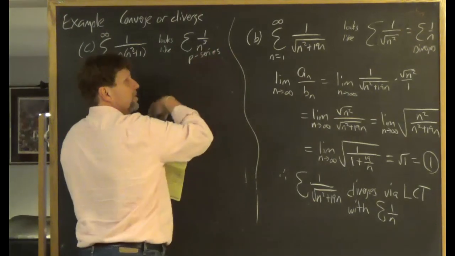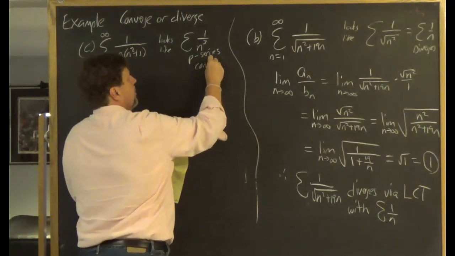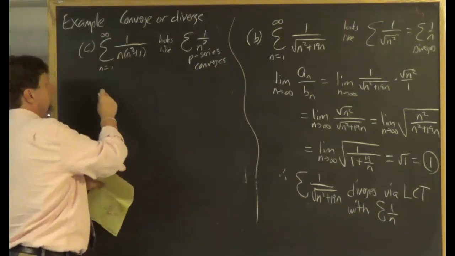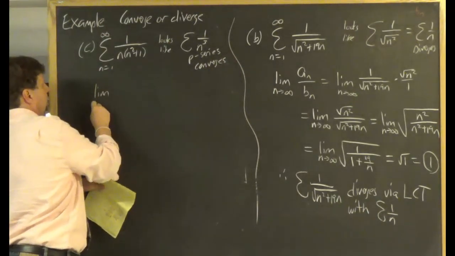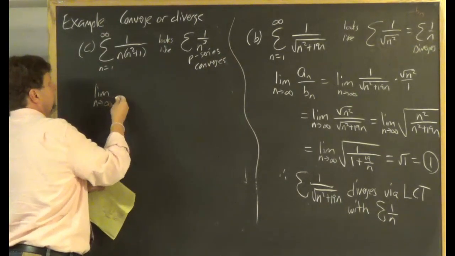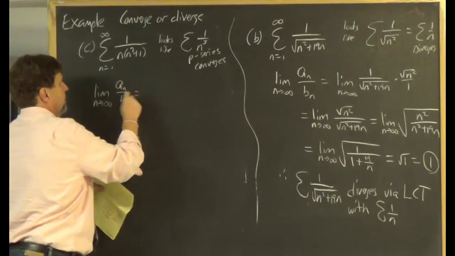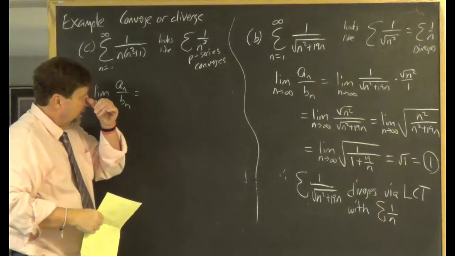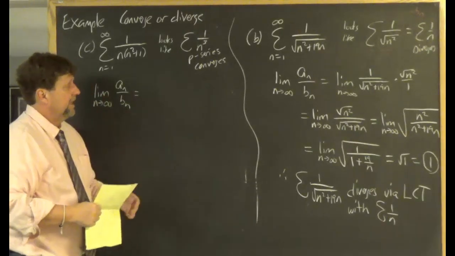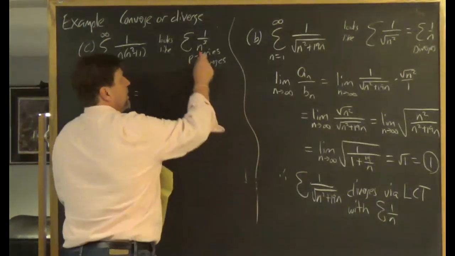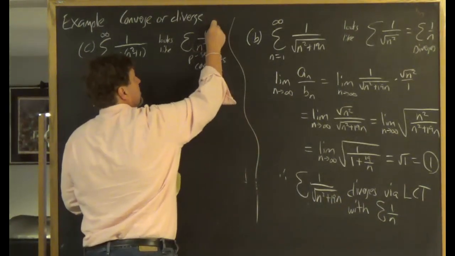P is 3, which is greater than 1, so it converges. So here we go, making our limit. Limit as n goes to infinity of a sub n over b sub n. And hopefully by now, in the two examples you've seen, you know I'm going to use that series as the b sub n.